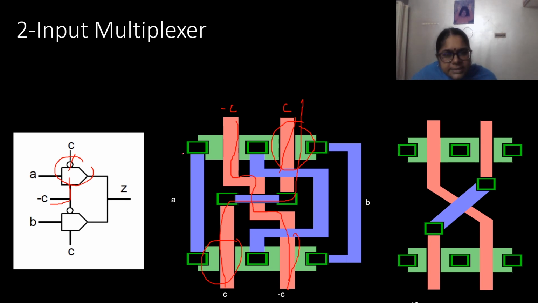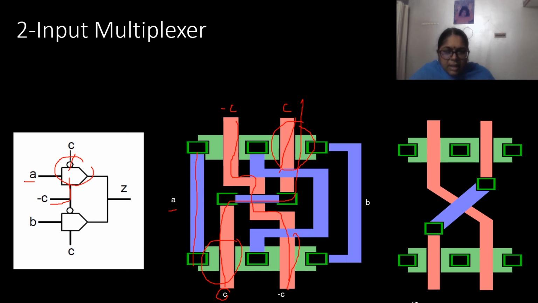So you can see here that this is the NMOS transistor, this is the PMOS transistor whose gate is connected to C, and this is the NMOS transistor whose gate is connected to C bar, and they are connected together and A is given as the input as shown in the diagram.